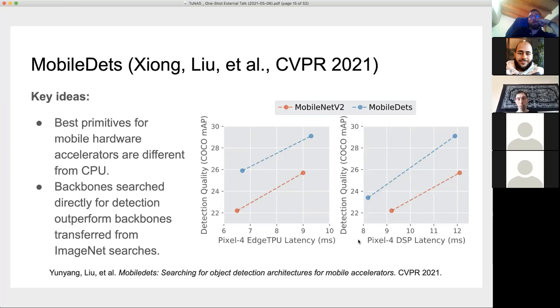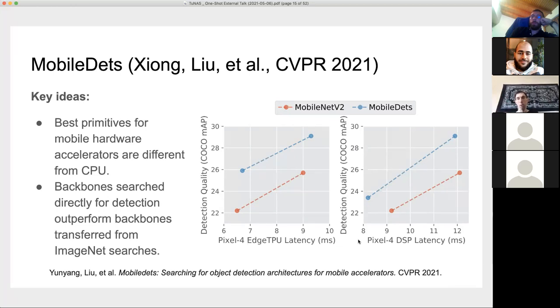And this was really combining two ideas. The first is that the best network architectures that we're able to find for image classification, if we just transfer those over to object detection, that doesn't actually work quite as well as if we search for new backbones from scratch on the detection task.